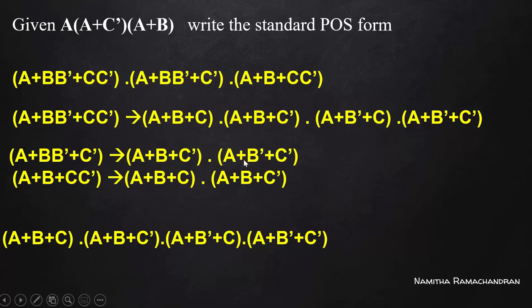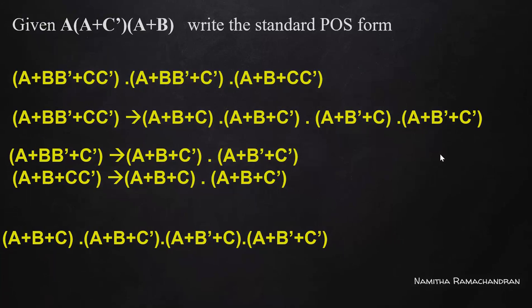This term A plus B complement plus C complement is already written here, so we don't want to repeat it again. And here A plus B plus C is already present, then A plus B plus C complement is already present here. So this is the standard POS form for the given minimized form. Okay, thank you.